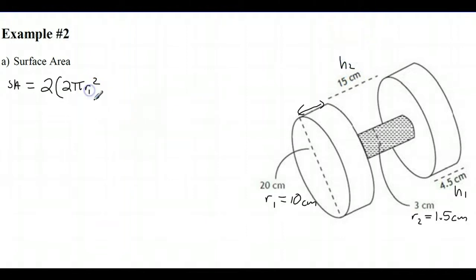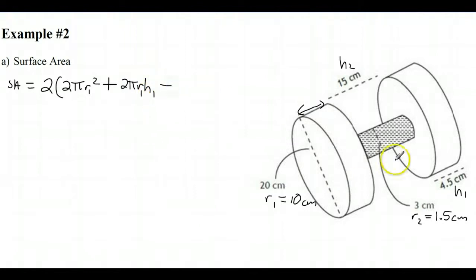So I better specify. I'm going to do R1, 2 pi R1 squared. That's the outer side of this and this outer side, plus the curved part of the cylinder, which is 2 pi RH, but it's R1 H1.